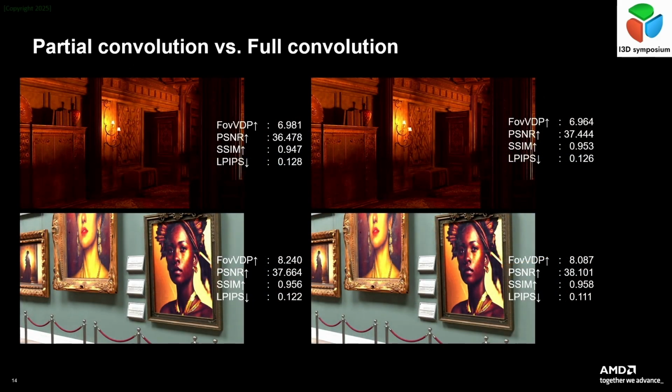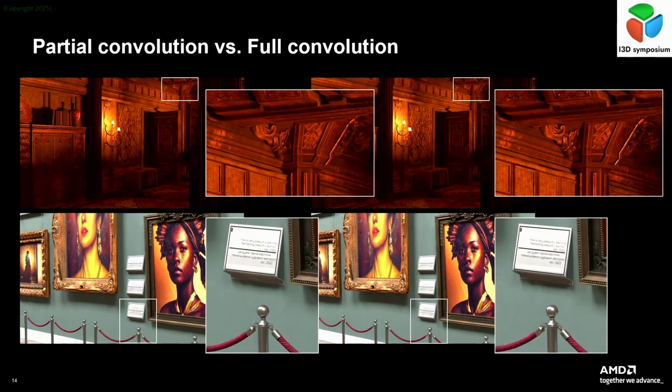And also we compare here the partial convolutions with the full convolution inside our multi-branch feature extraction network model. We see slightly dropped quality metrics as you see here, but the visual quality differences are not really noticeable here. So it's a trade-off between the quality versus the benefit we get from this partial convolution to help the overall runtime performance.